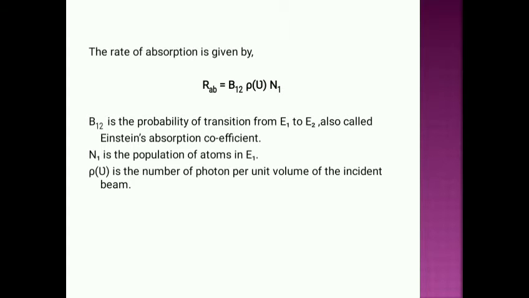That is, the rate of absorption depends on the number of photons per unit volume incident on the atom and the population of atoms in E1. And here B12 is called the Einstein's absorption coefficient, and it gives the probability of transition from E1 to E2.